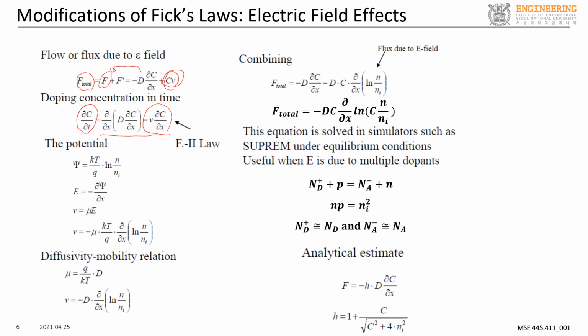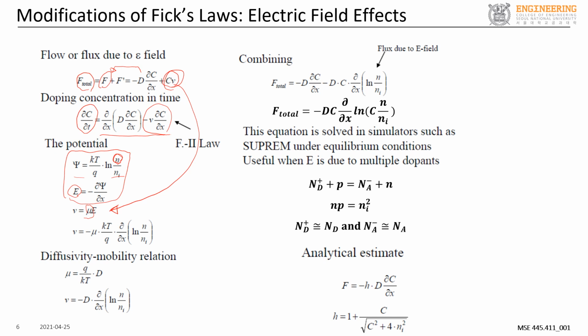So the unknown thing is the velocity of the dopants, and if this is due to the electric field, there should be some mobility multiplied by the electric field, and the electric field is generated by the doping gradient. So by finding the derivative of this thing, which has the doping concentration, you can find the electric field.